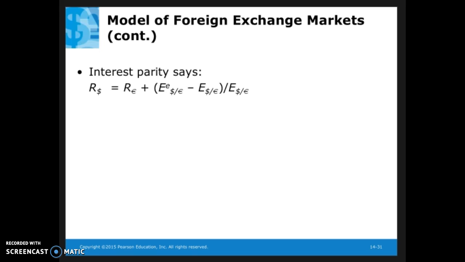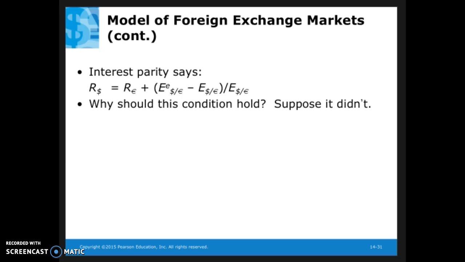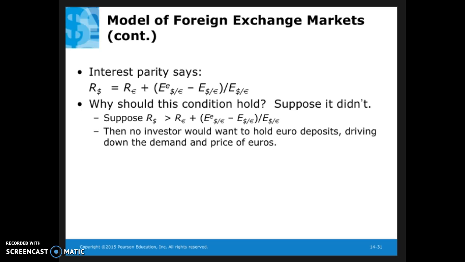So this says that the return on dollars equals the return on euros plus the expected exchange rate minus the current exchange rate, divided by the current exchange rate. This condition should hold. Suppose it didn't, then no investor would want to hold euro deposits, driving down the demand and price.